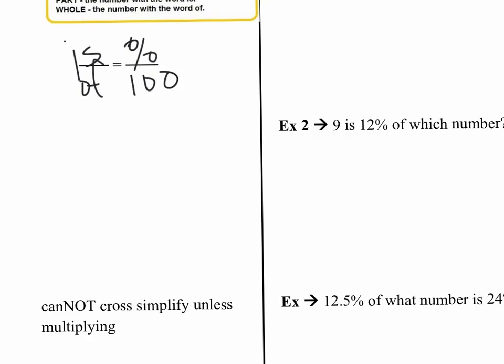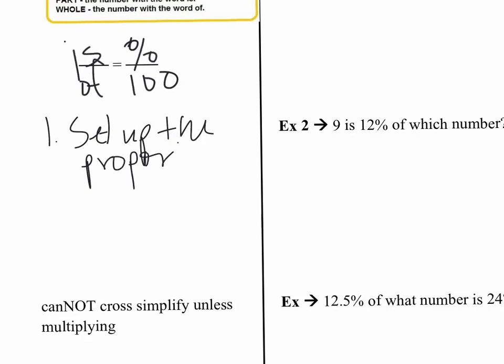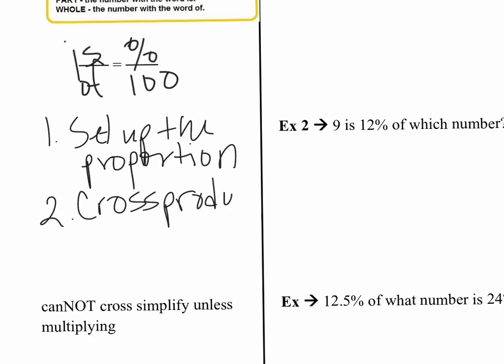The first thing we do, number 1, is set up the proportion. Number 2, cross products. The answer when we multiply is the product, so cross products indicates multiply.